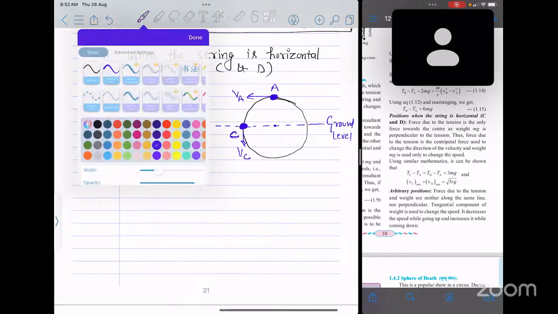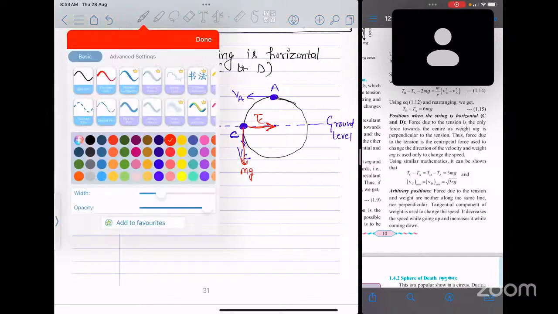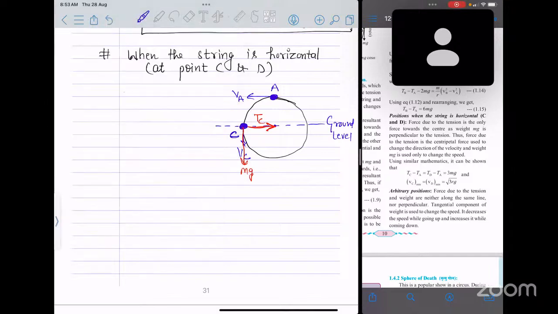The only force responsible for centripetal force in this case is the tension in the string, TC, because mg is working downward. So the interesting point in this situation is that mg is not responsible for centripetal force.